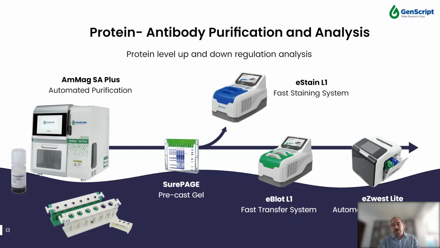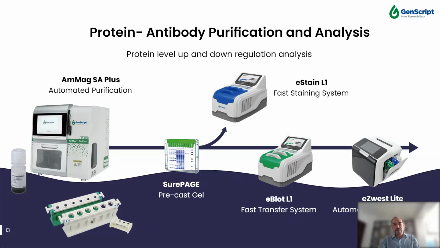We have also devices for transferring the proteins from the gel to the membrane, our eBlot L1, and we also have an automated system. Once the proteins are transferred to a membrane, you can use this automated system, EasyWest Lite, to process your membrane automatically, basically adding the primary antibody, secondary antibody, the blocking reagents, your detection reagents, and so on. So it's an automated process for detection.